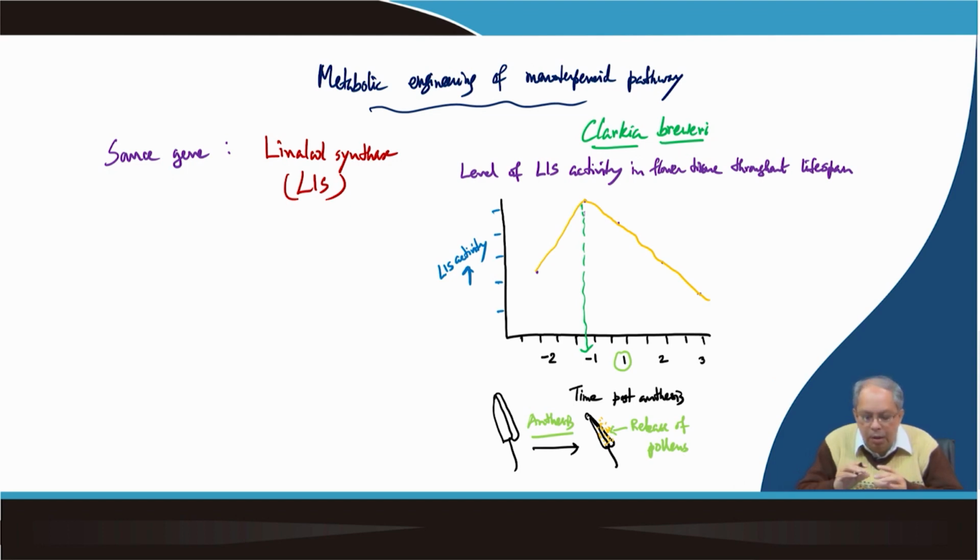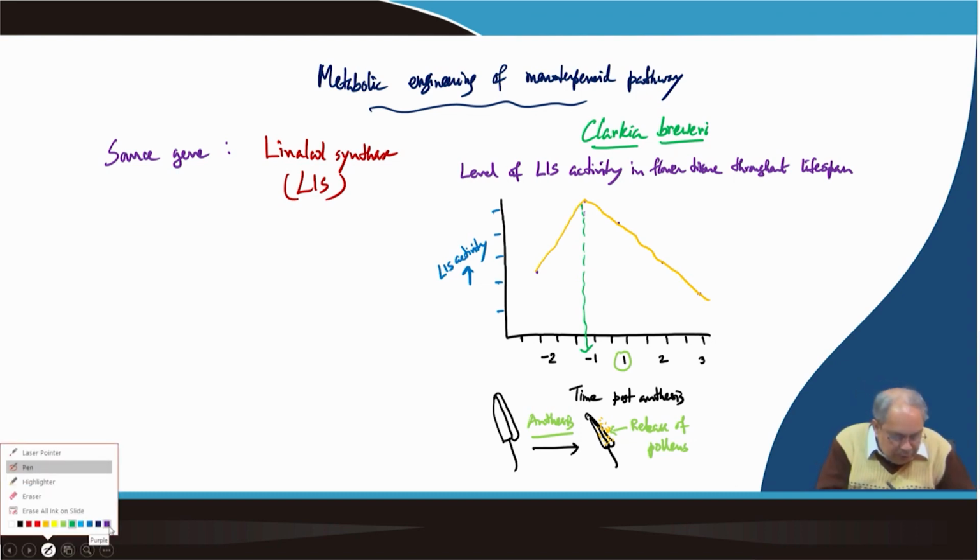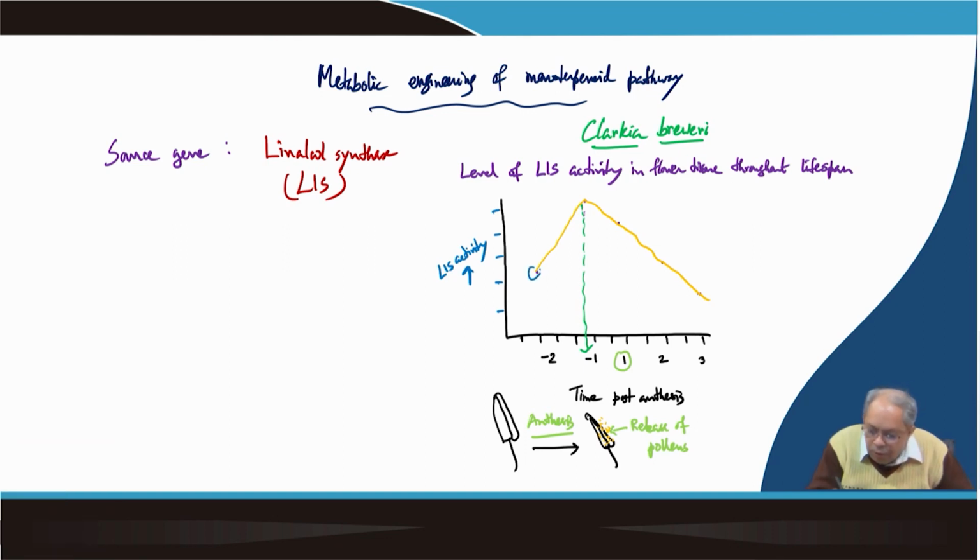So, the petals are more or less matured, but the bud is still closed, and that is the point where maximum linalool synthase activity was detected. Day 0 means just the time of opening, and 1 is the day just after the anthesis. So, it is basically getting down. This is typically the pattern of linalool synthase activity, and this is very important.